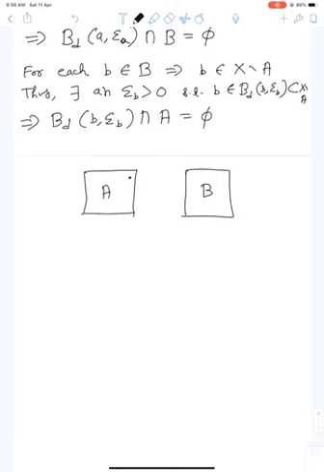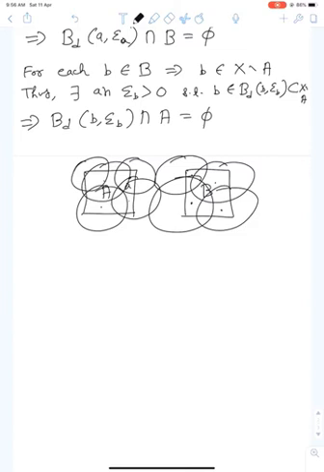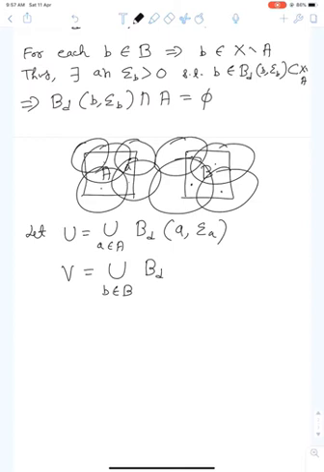Now what we are doing: for each point in A, we are taking one such ball which is disjoint from B. Similarly, for each point in B we get this kind of ball, and this covers A. Similarly for B, again we get this kind of ball, which covers B. Now note that if we suppose let U equal to the union over a belongs to A of B_d(a, epsilon_a), and if we write V equal to the union over b belongs to B of that ball, if we choose this, then U intersection V may not be empty, because there might be some intersection. So this is a problem.